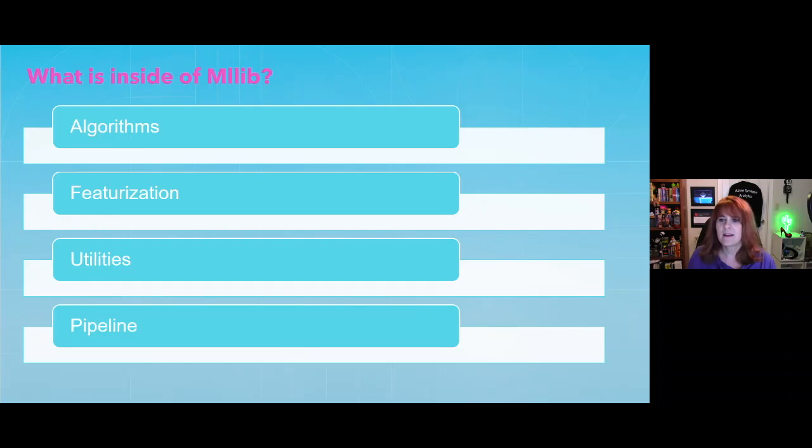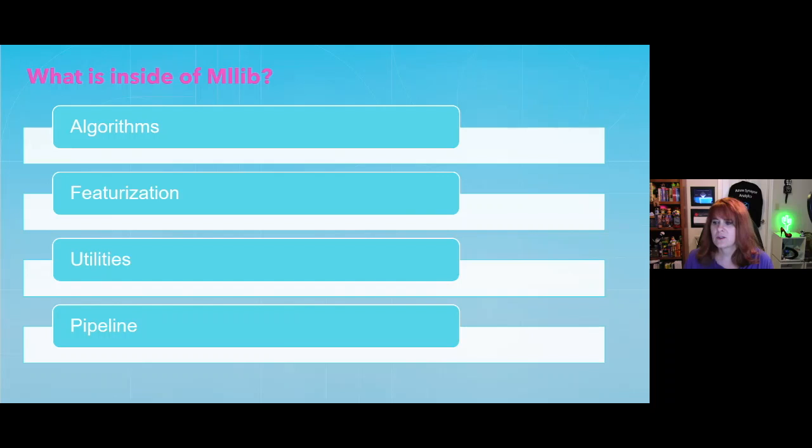So what is inside of MLlib? There's a number of different algorithms that you can use to code Spark. It includes all the common ones for doing classification, regression, clustering, and collaborative filtering, and you can even do deep learning with it. The featurization provides libraries to assist in the way you're modeling the data so that it can be structured in a way that your models can best use it.